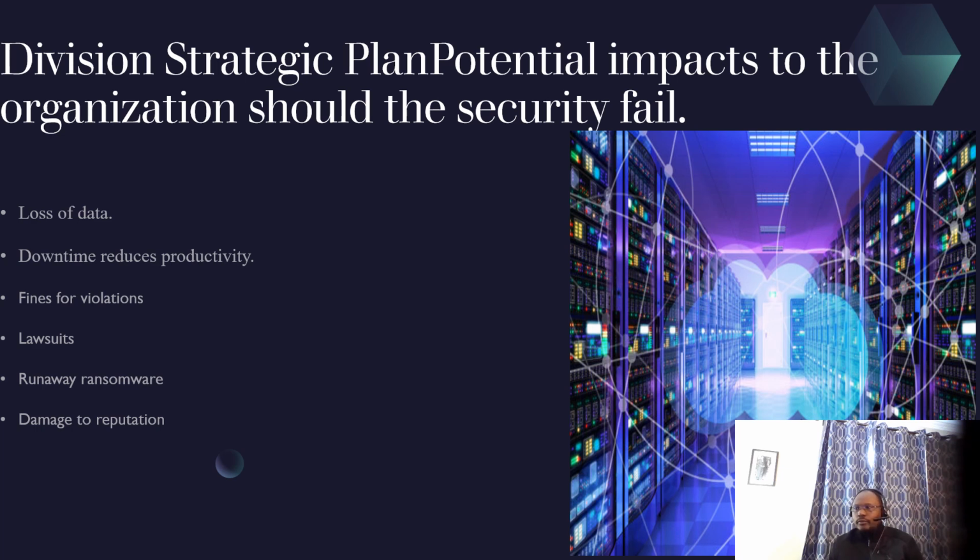Of course, lawsuits, we are looking at class lawsuits have become very common as a result of cybersecurity breaches, runaway ransomware, and the damage to the reputation.